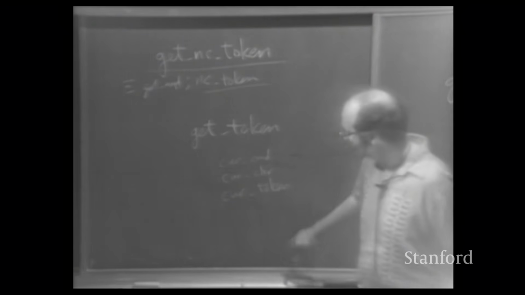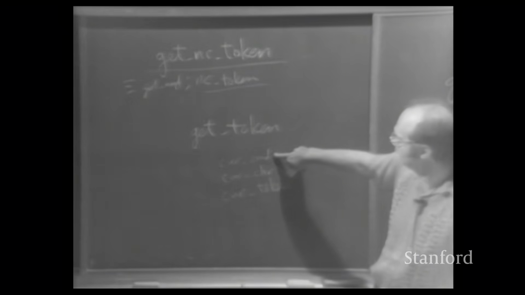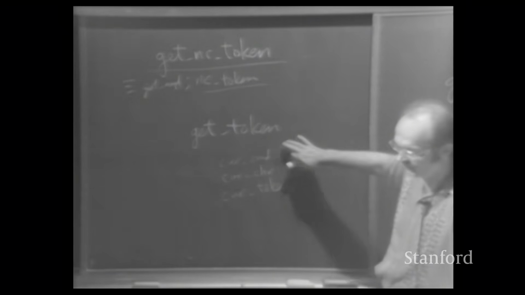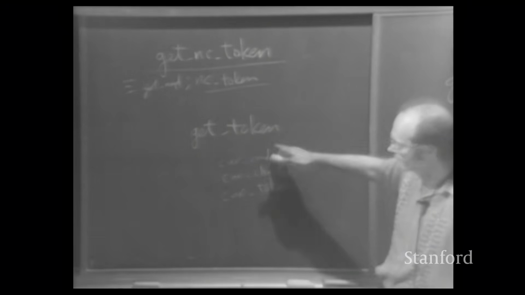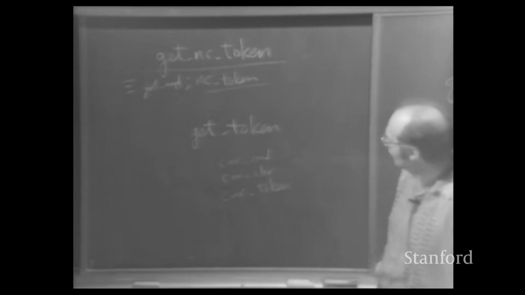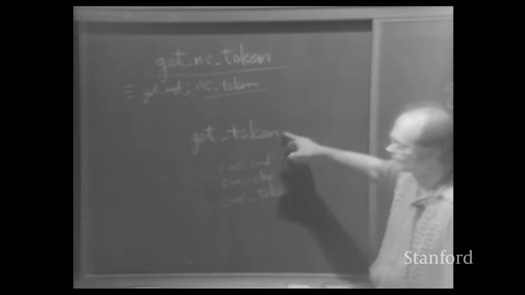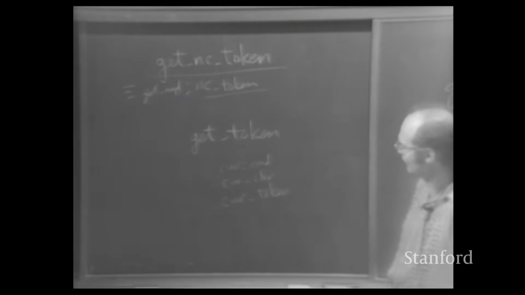But it's possible that cur command would be call or long call for calling a long macro, or something like a mark, top mark, or an undefined control sequence. It's certainly possible that get token will return you the name of an undefined control sequence.